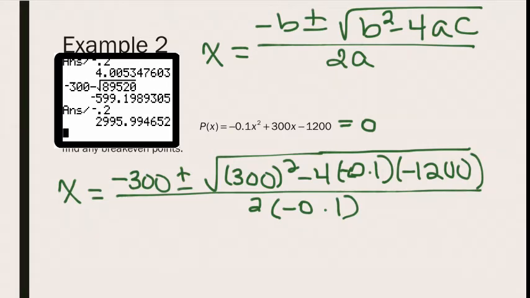So I have another break-even at 2,995.9947. So the two places where the profit is going to be zero, where we're going to break even, is when about 4 units are sold, and again when about 2,996 units are sold.